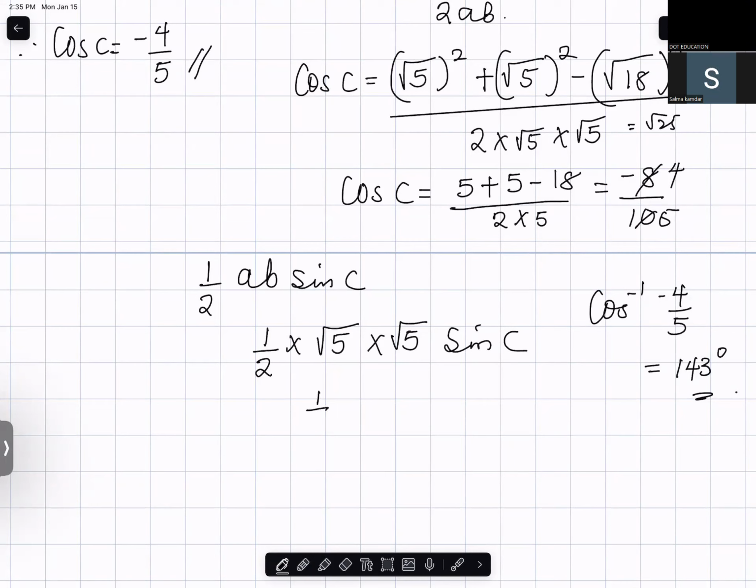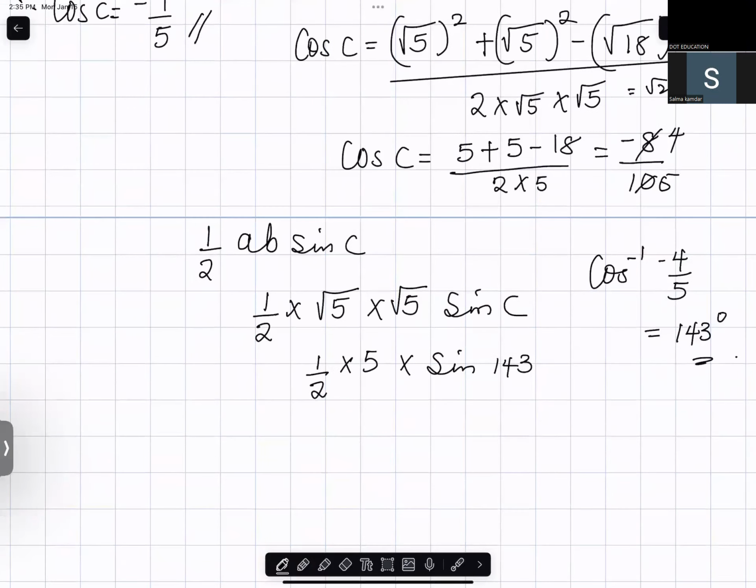I have 1/2. Root 5 multiplied by root 5 is root 25, and the square root of 25 is 5. Multiplied by sine 143. So we have 1/2 times 5 sine 143.